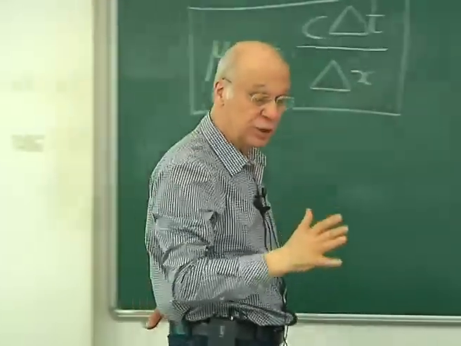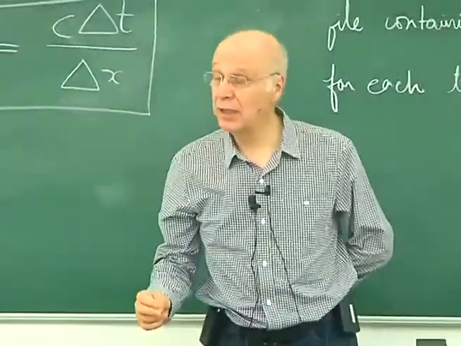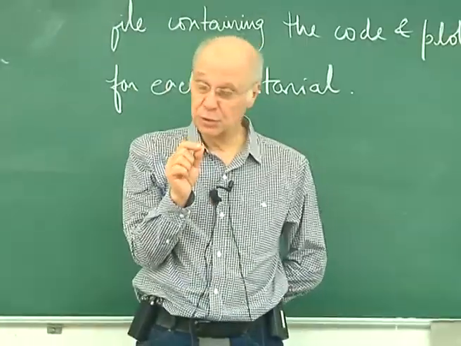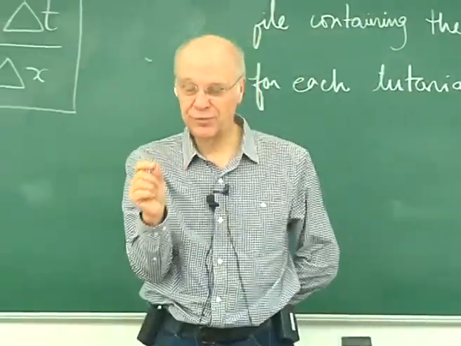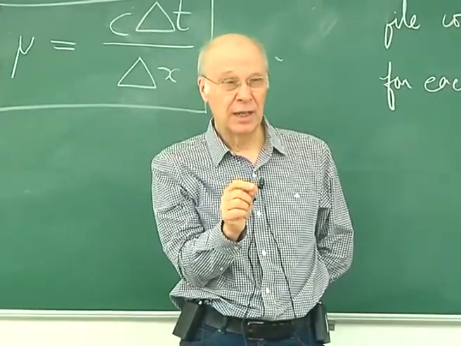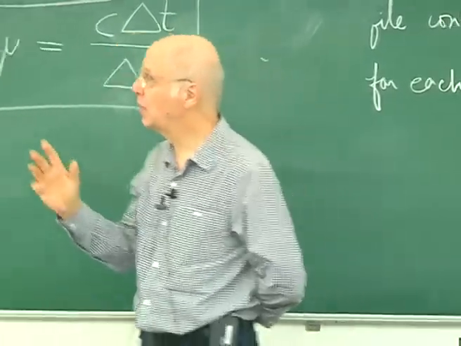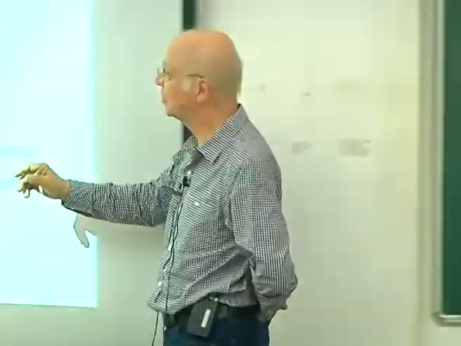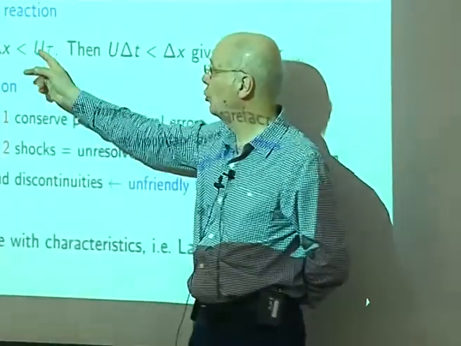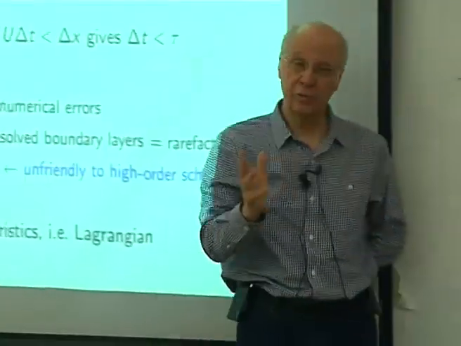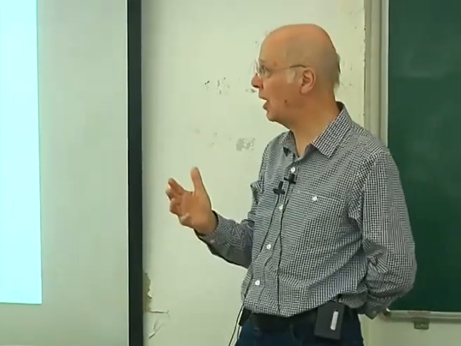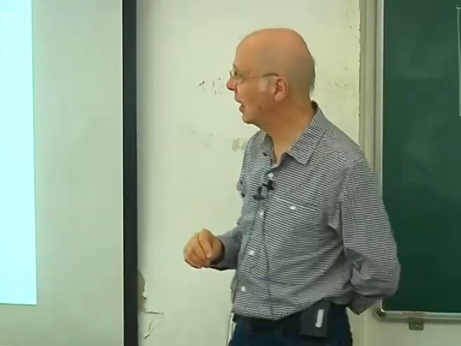In the case of advection plus reaction, you mustn't move further in a reaction time than one grid block. So if tau is the reaction time, then u tau is how far you can move in one reaction time, and delta X has to be less than that.